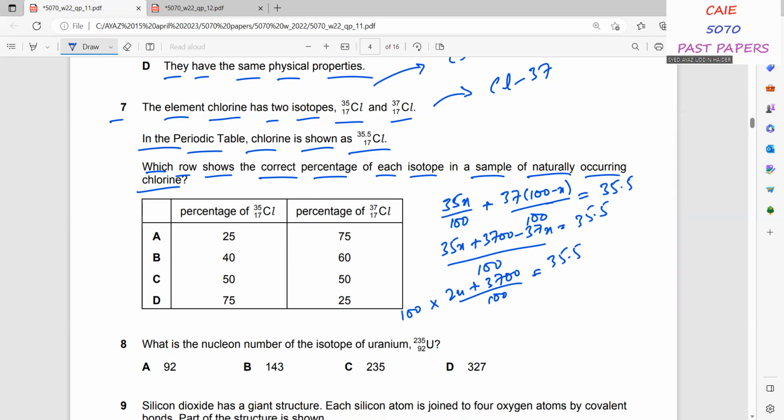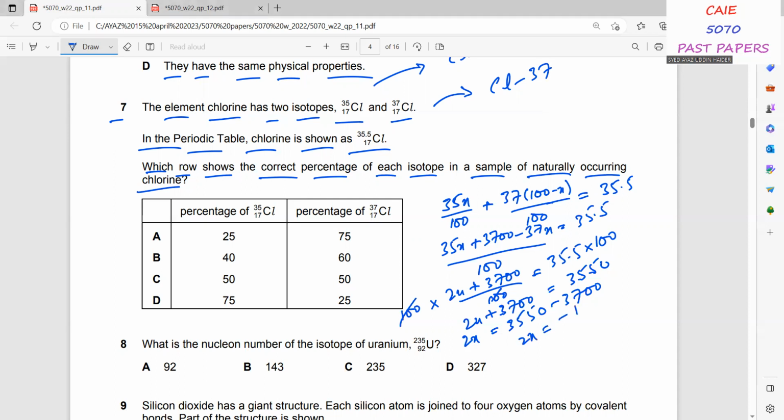Multiply 100 on both sides. We get minus 2X plus 3700 is equal to 3550. Now subtract 3700 on both sides. We get minus 2X is equal to 3550 minus 3700, which is minus 150.